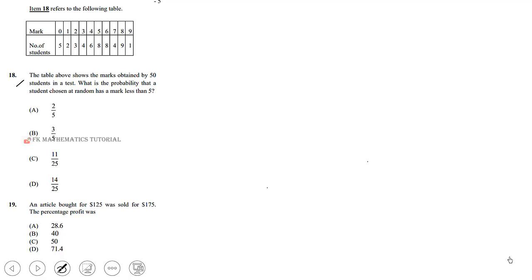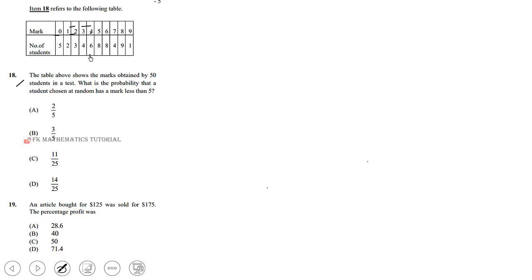Item 18 refers to the following table. The table above shows the marks obtained by 50 students in a test. What is the probability that a student chosen at random has a mark less than 5? So a mark less than 5, we have 0, 1, 2, 3, 4.